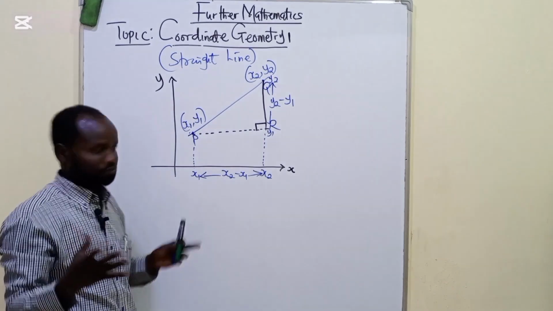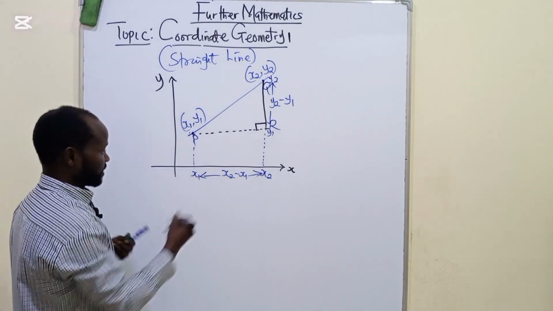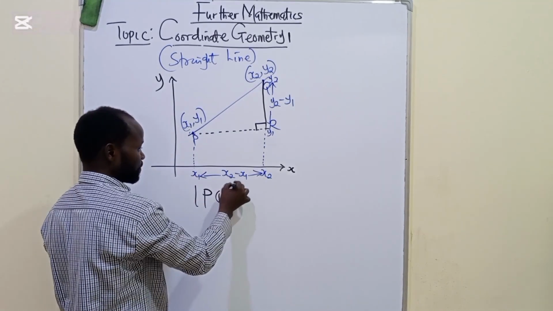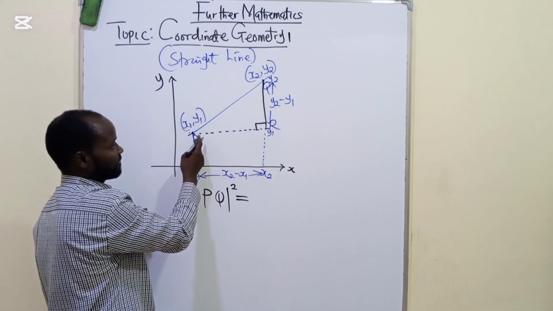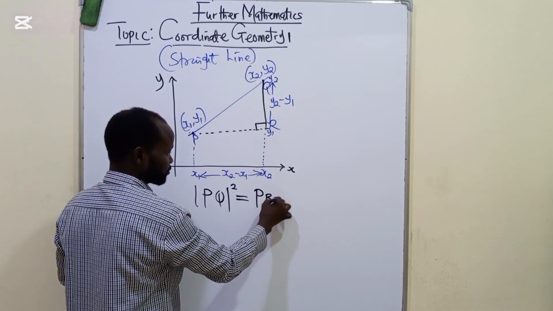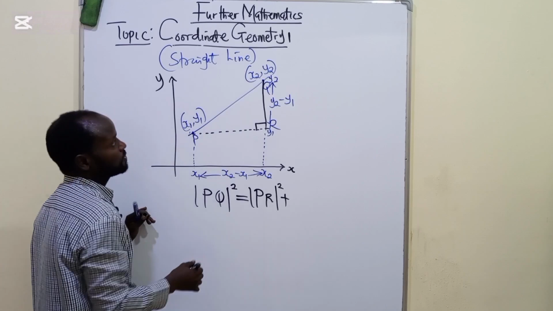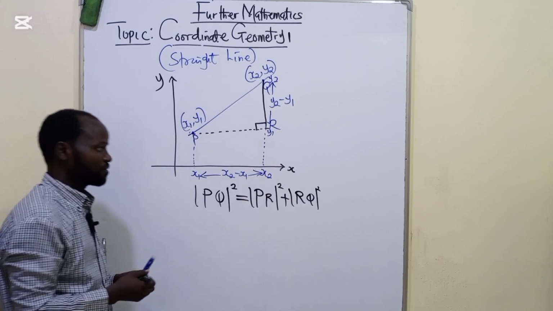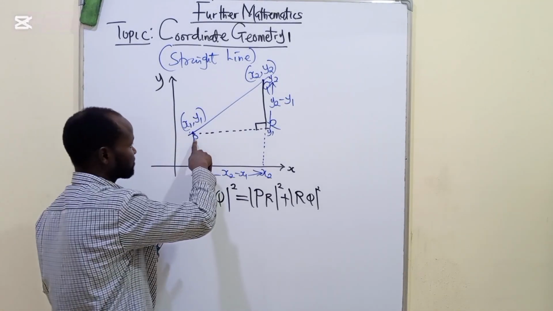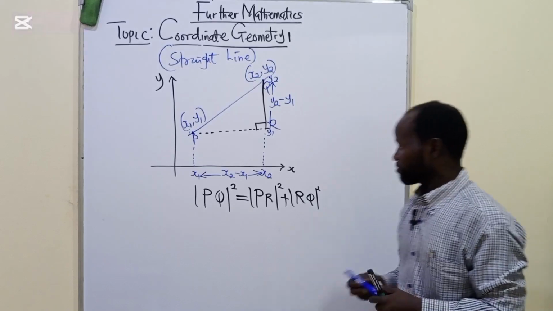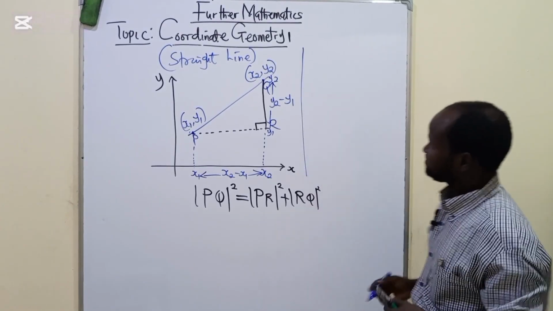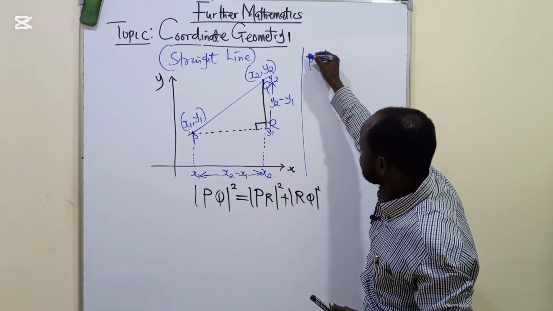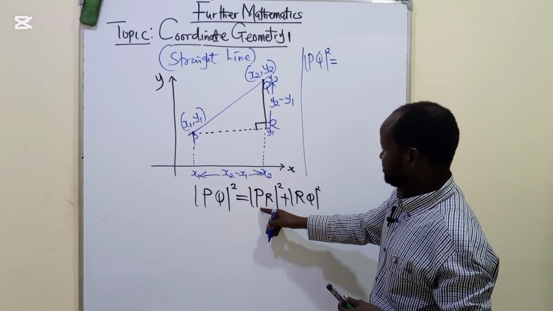Very important. Then we can use this concept to get the distance from P to Q. Using Pythagoras rule, because this is a right angle triangle, we can establish the fact that length PQ squared, this is the hypotenuse, will be equal to the square of length PR, plus RQ squared. If we apply this Pythagoras rule, we'll get the formula for the distance between this point P and Q. So PQ all squared will be equal to PR.